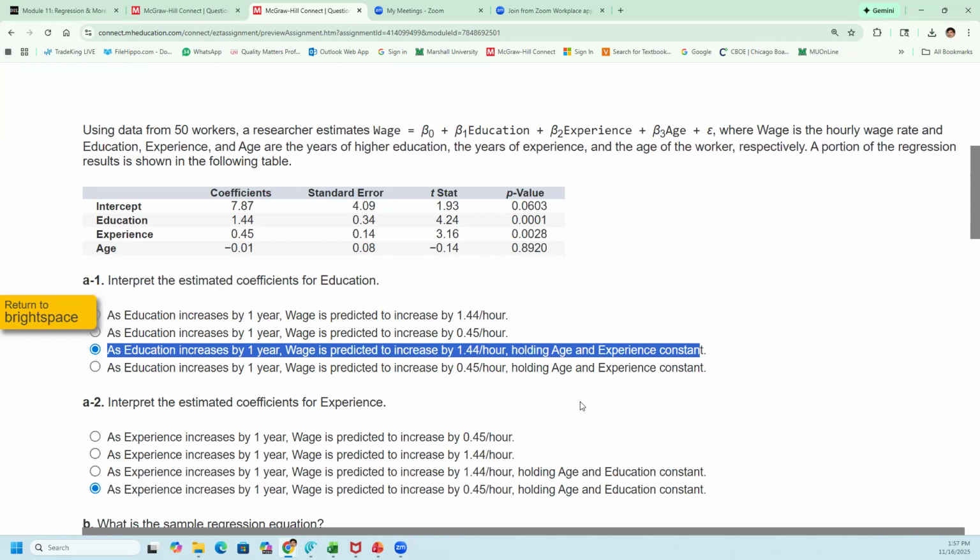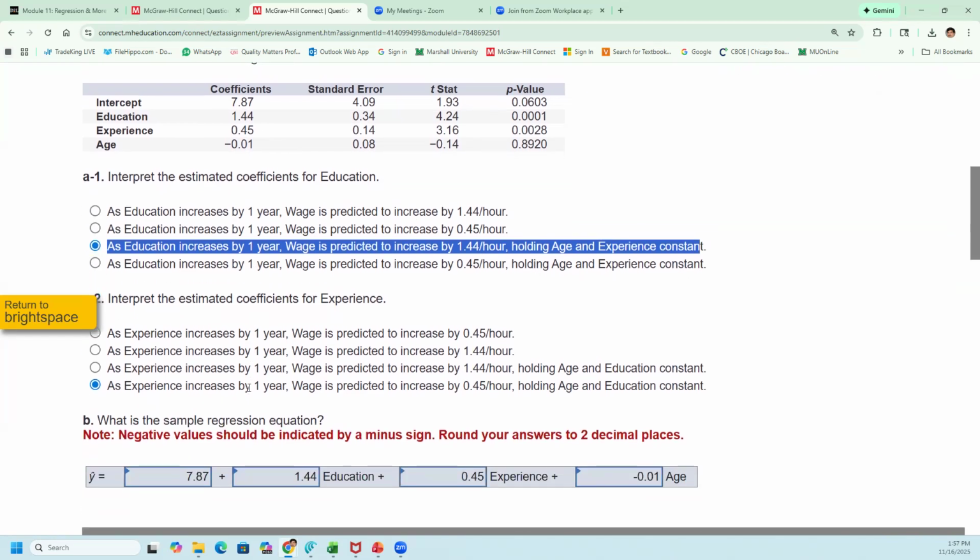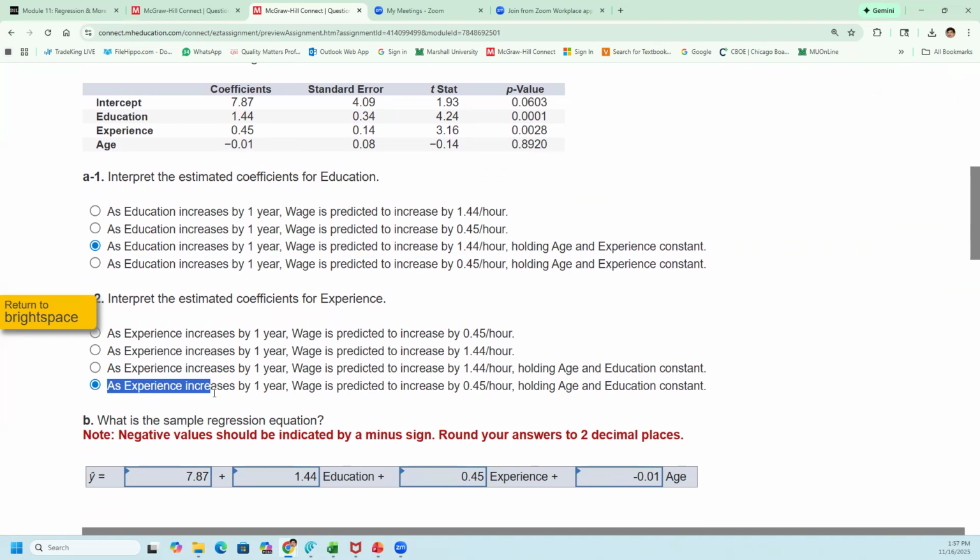So you are looking at the partial impact of the education on the wages. Similarly, interpret the coefficient for experience. Experience says 0.45. That basically means as the number of years of experience increases by 1 year, the wage is predicted to increase by 0.45 per hour, holding the other two variables, age and education, constant.